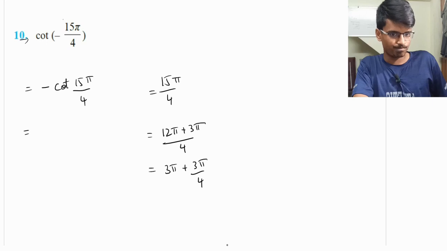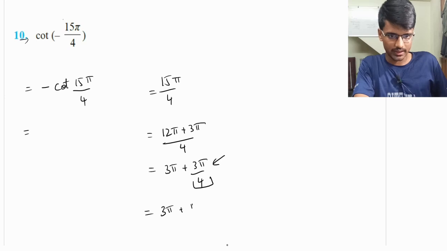No, this won't work. We need to still reduce this. This is not an acute angle, right? We have to reduce this. So we have got 3 pi. I can write 3 pi by 4 as pi by 4 plus pi by 4 plus pi by 4, right? Pi by 4 plus pi by 4 is pi by 2.